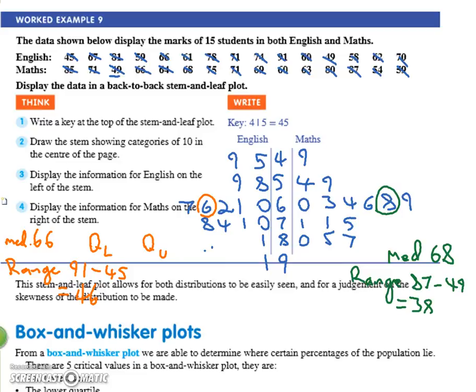So if we just do it up here again, 1, 2, 3, 4, 5, 6, 7, 8. This would be your lower quartile down the left-hand side, and your upper quartile would be up here. Cool? But what you want is halfway down here. 1, 2, 3, 4, 5, 6, 7 numbers. That would be your lower quartile.